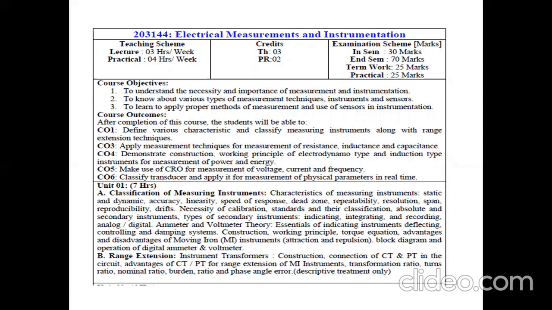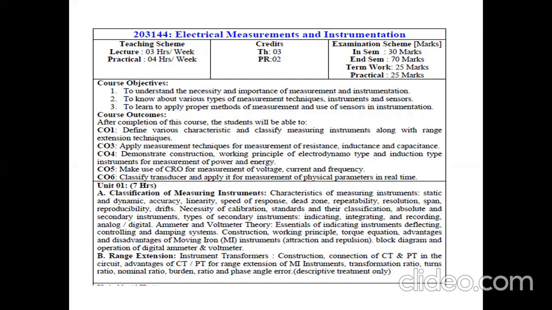Again, necessity of calibration: why we require calibration of an instrument, for calculating the error in the reading. Again, standards and classification of measuring instruments, that is absolute and secondary instruments. Again, types of secondary instruments, that is indicating, integrating and recording instruments. These are the syllabus of your first unit.